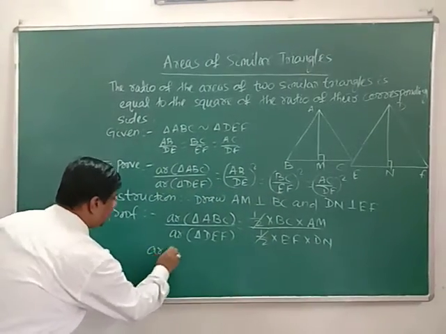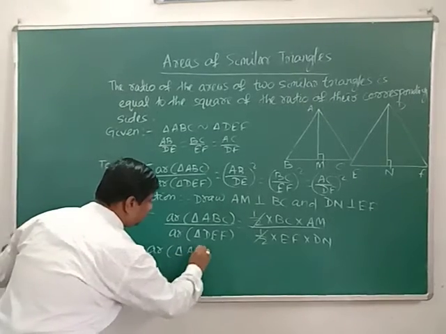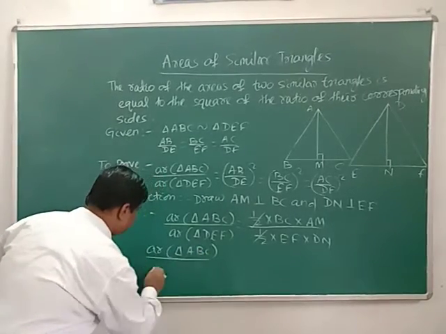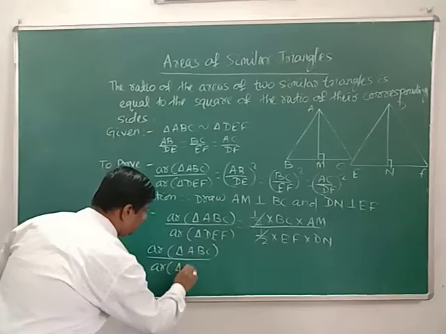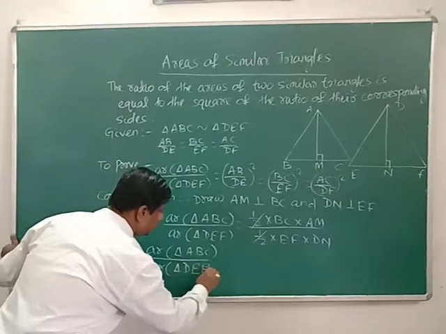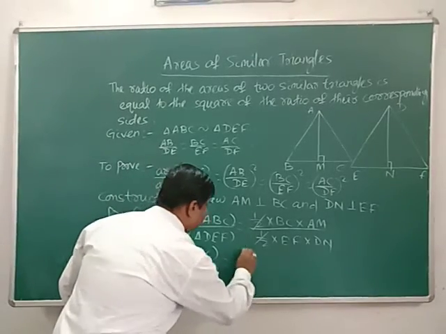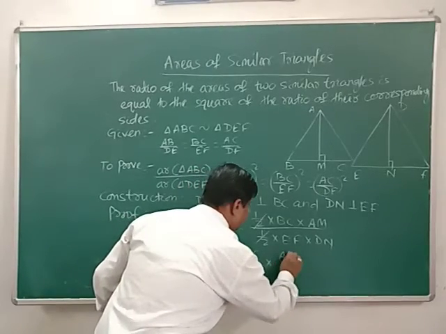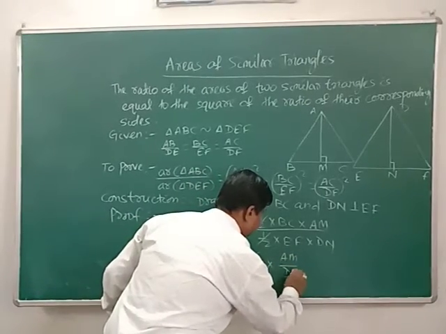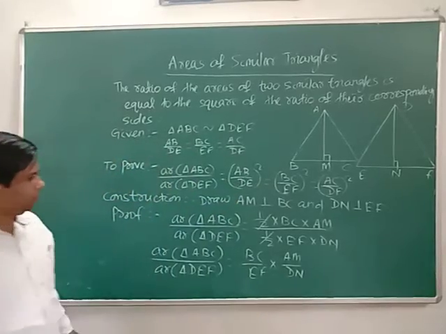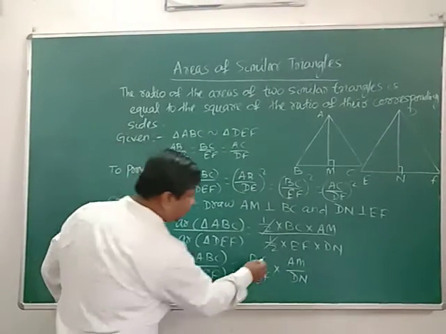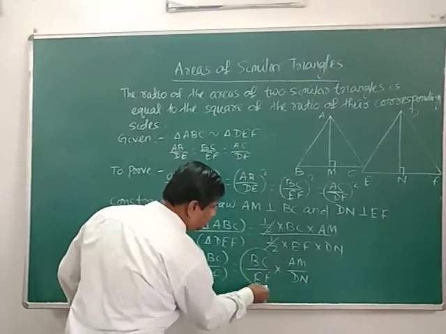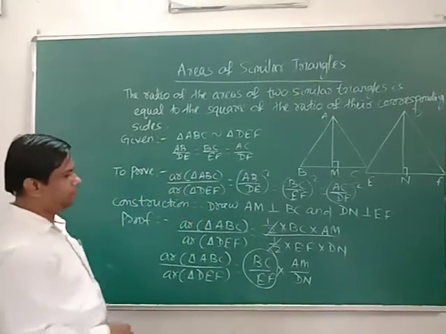So area of triangle ABC upon area of triangle DEF is equal to BC by EF into AM upon DN. Look carefully. I have got one part, BC upon EF.